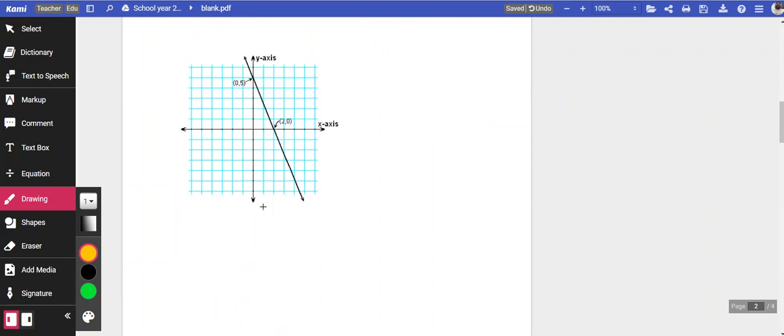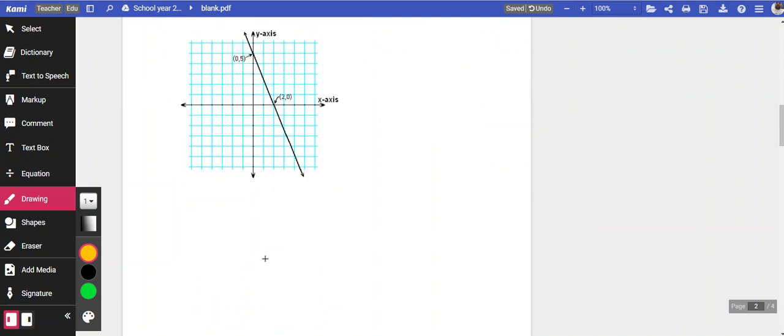So that makes sense: the zeros are the points at which the function intersects the x-axis. Now, if you want to find zeros algebraically, you set f of x equal to 0, that is, set your function equal to 0, and solve it for x.